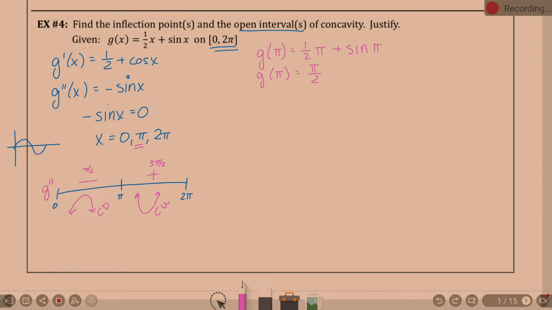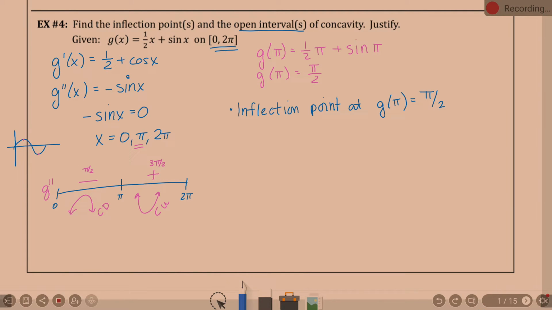So, information to state: we have an inflection point at g of pi equals pi over 2, however you want to say it. You could also write it as an ordered pair.